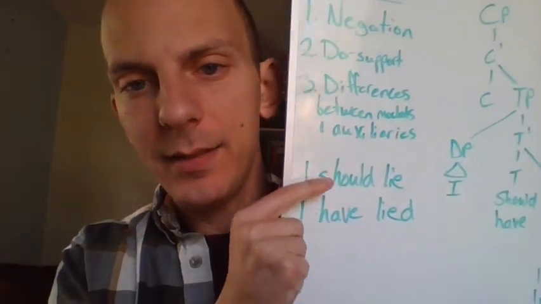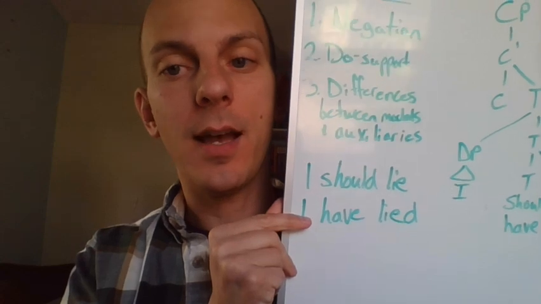And we're going to undo our negation for the moment. It'll be back in just a second. I have these sentences, I should lie and I have lied.